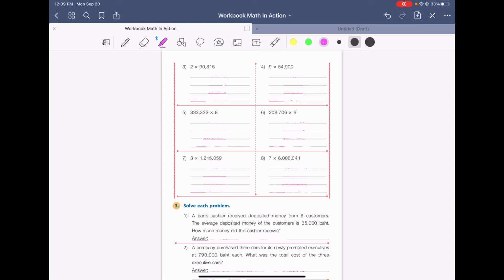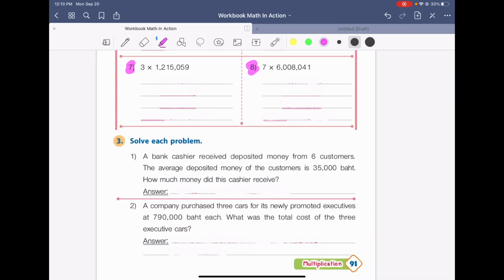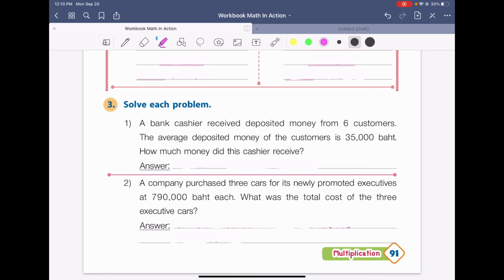All right. These are not bad as well. Let's do number 3, 4, 5, 6, 7, 8 for homework as well. We'll do this one together. All right, solve each problem on page 91. The word problems will help because these are harder.